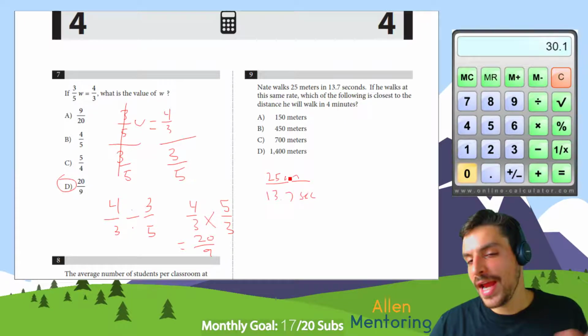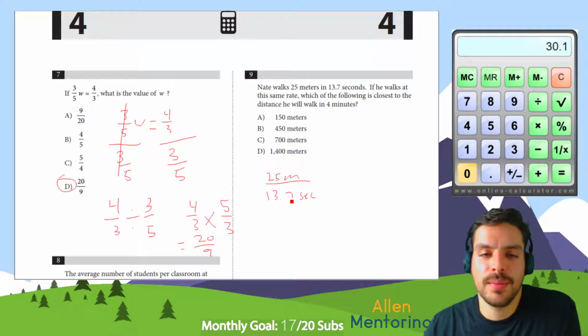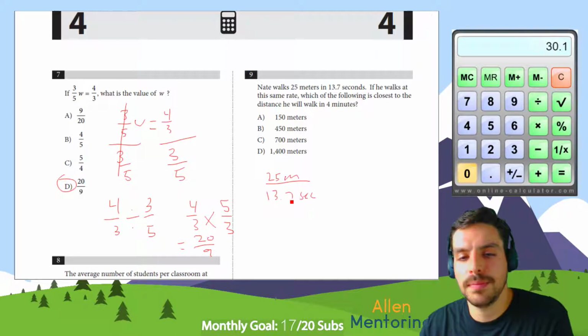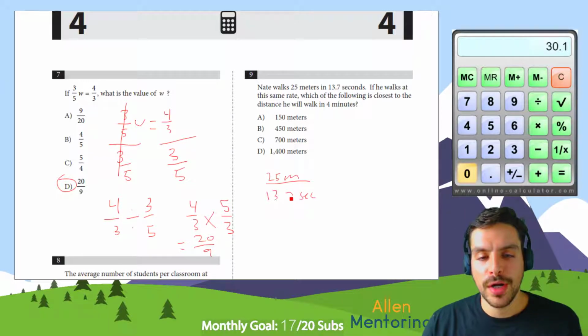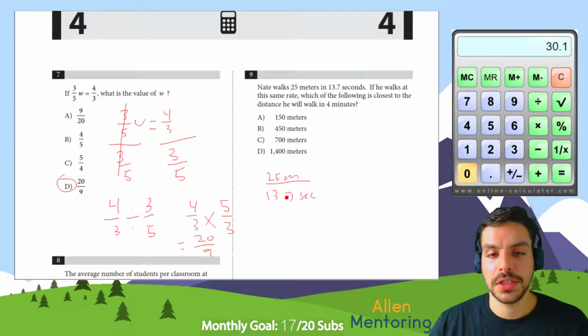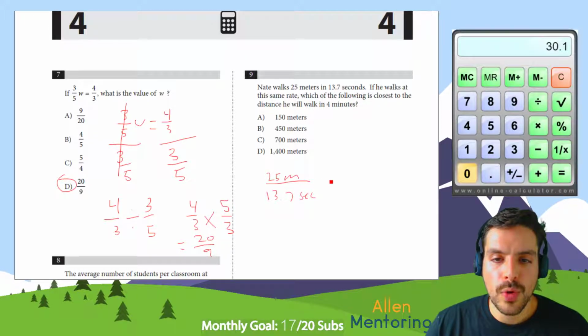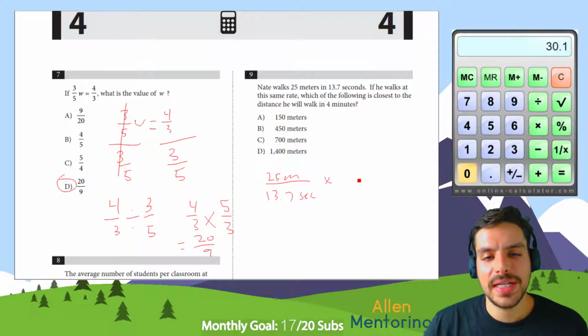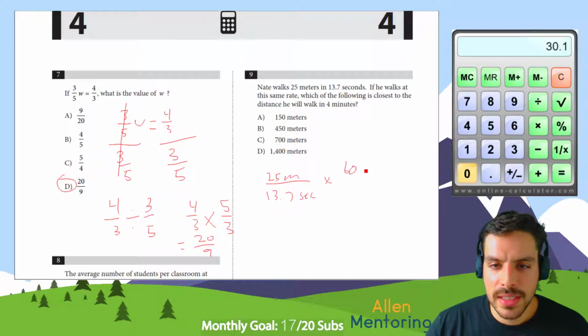You could do this for any unit: feet per minute, feet per second, millimeters per hour. Now we want to multiply by how many seconds are in a minute. So we know that there are 60 seconds over 1 minute.